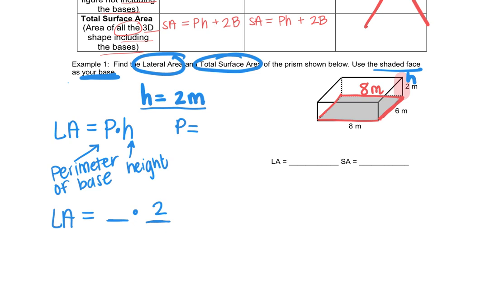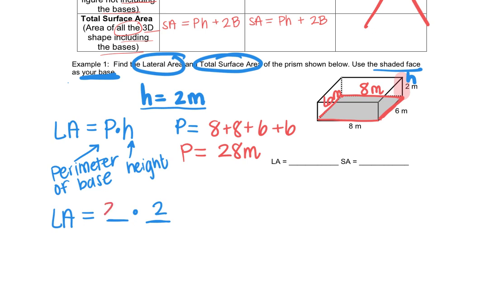If this is 6, then this is 6 as well. So to get the total perimeter, I'm going to do 8 plus 8 plus 6 plus 6. That's going to give me my perimeter. I can use my calculator to assist me, and I should get 28 meters. So big P, the perimeter of the base is 28.